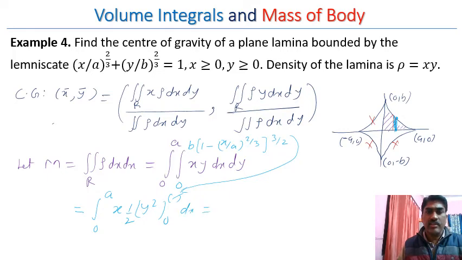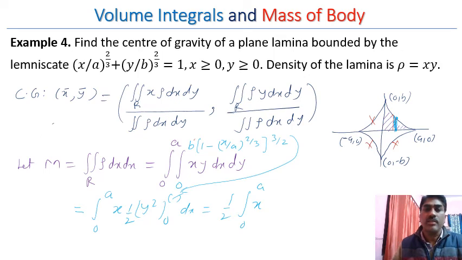We get 1/2, integral 0 to a of x, and the limit of y is b times (1 - (x/a)^(2/3)) to the power 3/2.